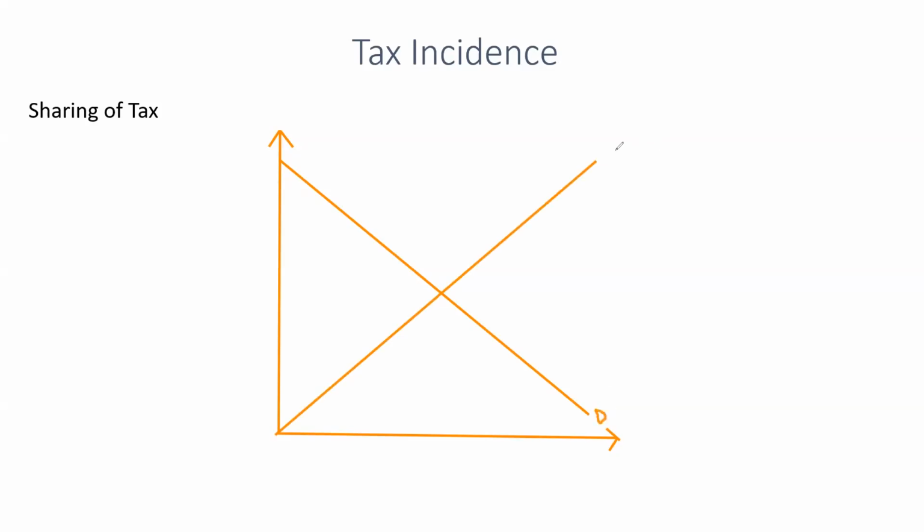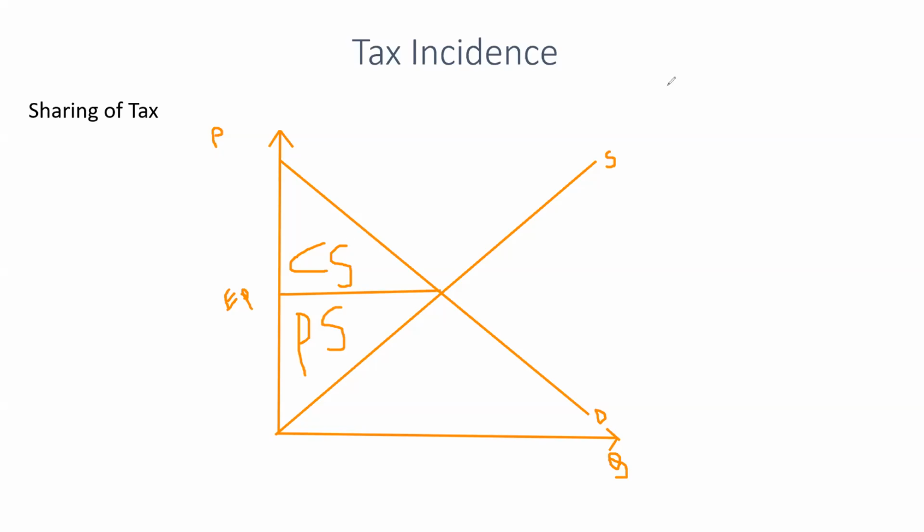Demand, supply, okay. We know this is the equilibrium price. So let's just write everything: P, Q, your equilibrium price. This is your consumer surplus, right? And this is your producer surplus. But things are about to change when there is an incidence of tax.